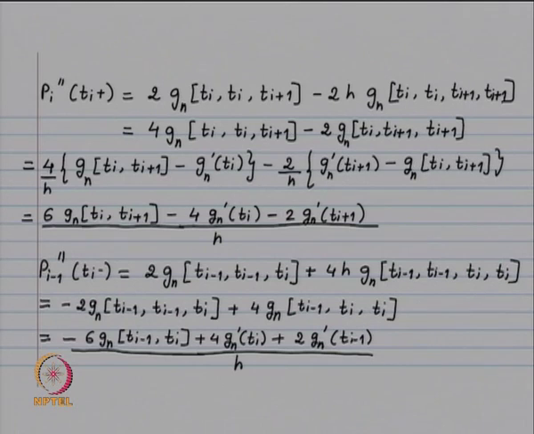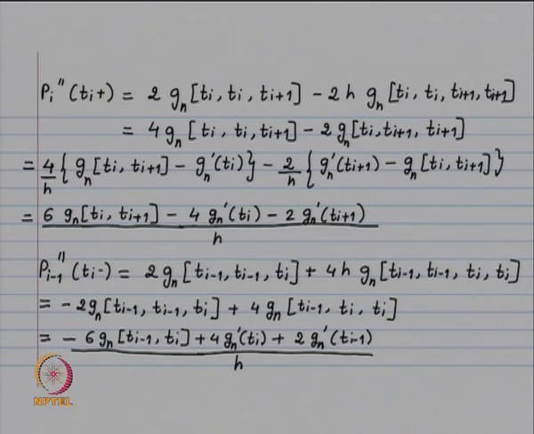So, look at p_i double dash at t_i plus, and use the recurrence relation for the divided differences. The divided difference g_n[t_i, t_{i+1}] will be g_n(t_{i+1}) minus g_n(t_i) divided by t_{i+1} minus t_i, which is equal to h. Then similarly, use the recurrence relation for the divided difference based on t_i and t_{i+1} repeated twice.